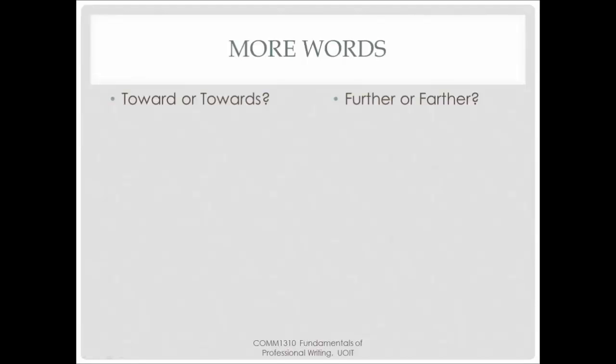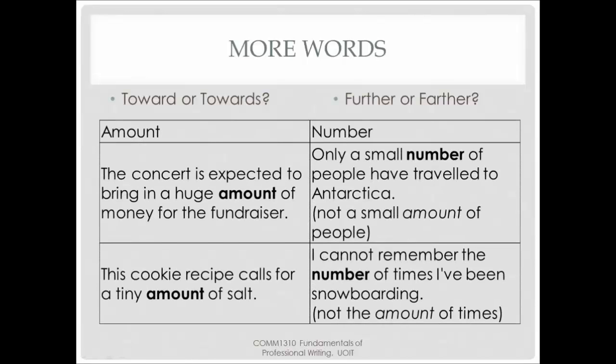Finally, how do you know when to use the word amount or number? The general rule of thumb is that you use amount to refer to a quantity. Use number to refer to people or things that can be counted. For example, an enormous amount of energy was exerted by a small number of people. So in this table we have some more examples.